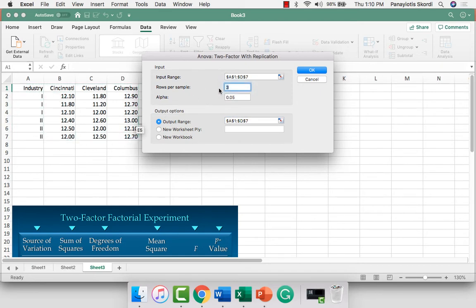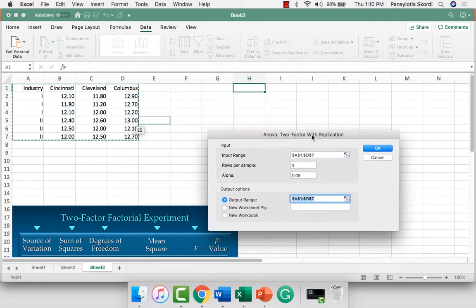Now, rows per column, I've put in as 3. And why is it 3? Well, because we repeated the experiment 3 times. That's just asking you how many times did you repeat the experiment. And further down in the table, where it had R, that's the number of times we repeated the experiment. Let alpha be 5%. Let's put our output in column H and get the results.